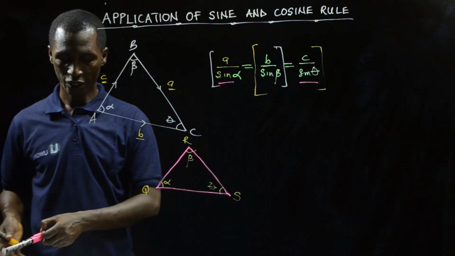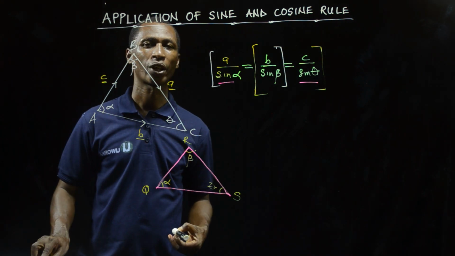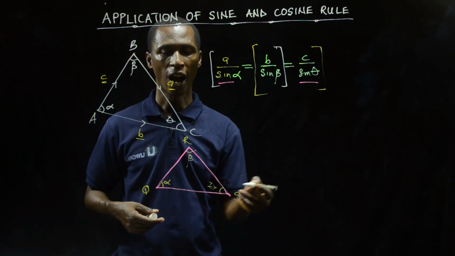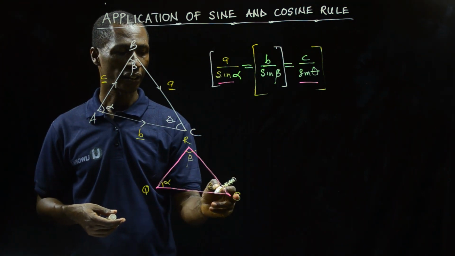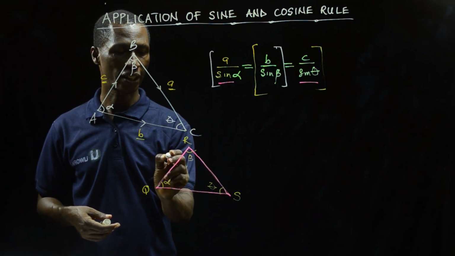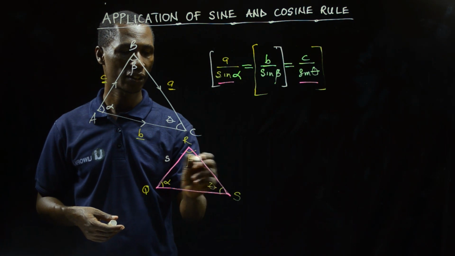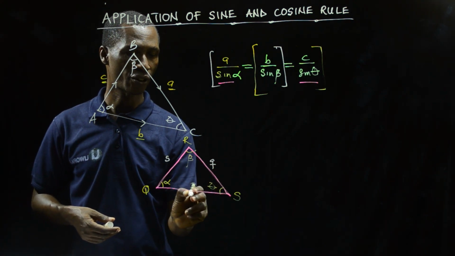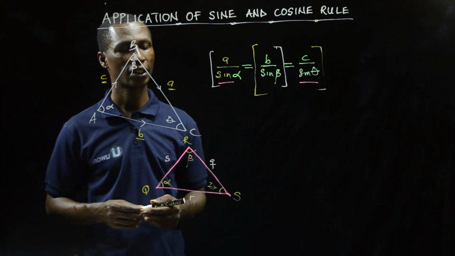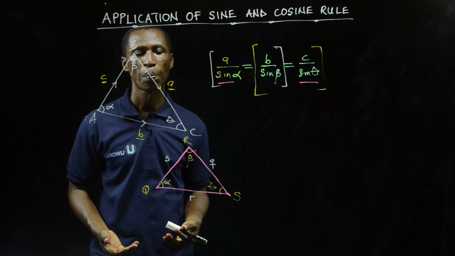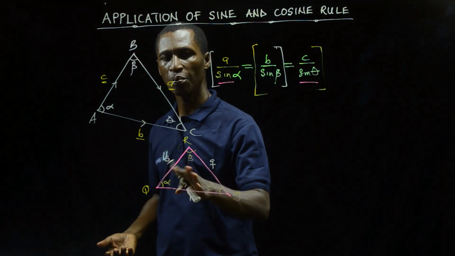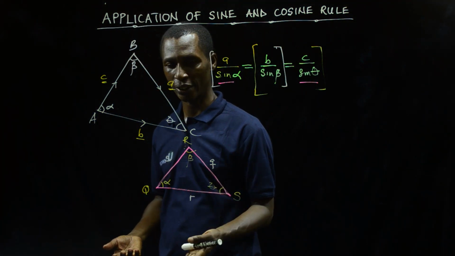Now from the onset, we got to know where the angles are going to be located. The length of S is found here, so S is here. Then the length of Q is found here, and R is also found here, like this. So how do we determine? Good. Anytime you are working with this, we see that the total angle must be around 180.